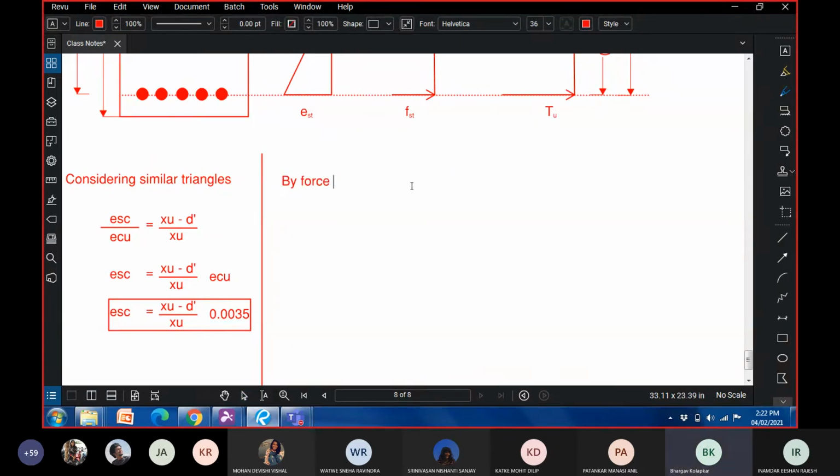Now, for force equilibrium, you know that the compression in concrete plus the compression in steel is equal to the total tensile force, out of which we already know the compression carried by concrete, which is 0.36 FCK B into XU.